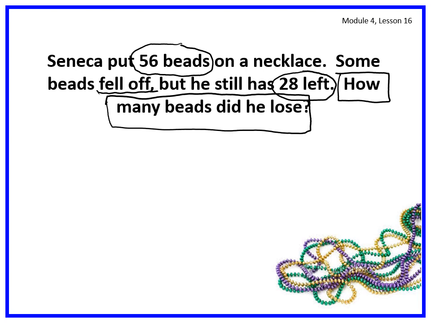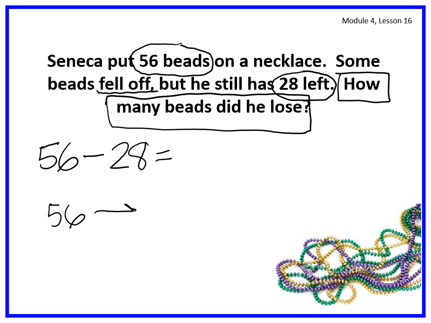So there's 56 beads to start with. So I'm thinking that's the whole, that's that big number. And some beads fell off, so minus 28 equals how many? So I'm going to use the arrow way because I know there's 56 and I can subtract 20 and that's going to give me 36.